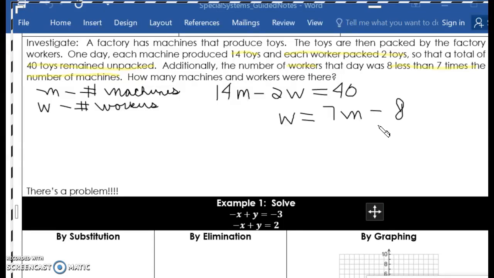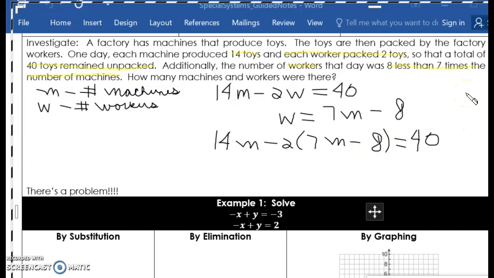Okay, so which method should we use to solve this system? I hope you're all yelling substitution at me because we have one equation already solved for W. So we substitute this stuff in for W in the first equation.